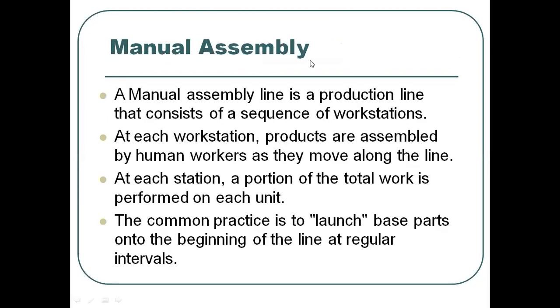Okay. You see, manual assembly, the first kind, is a production line that consists of a sequence of workstations, right? As I told you, there will be a series of workstations wherein workers will be allocated. At each workstation, products are assembled by human workers as they move along the line. So the products are moving along the line, and the workers sit at that workstation.